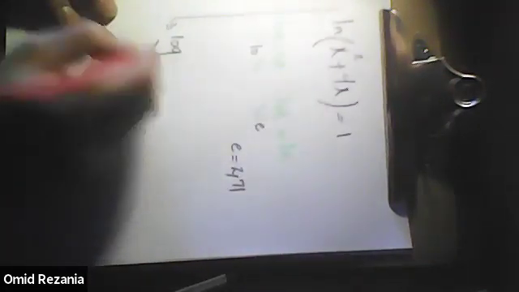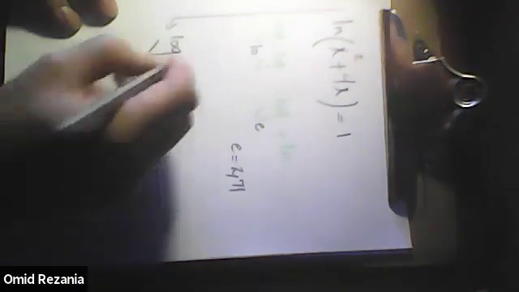Let's do that together. We are gonna do that in two formats. The first thing is here, guys, when I have this one, I know that ln, I can write it as the log which its base is interestingly e, the natural number, with x squared plus 4x equals to 1.